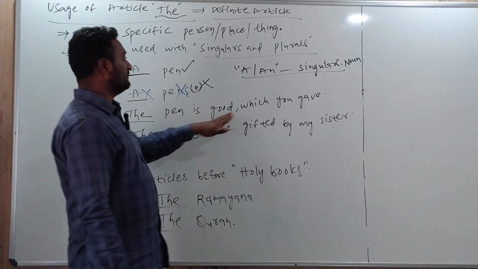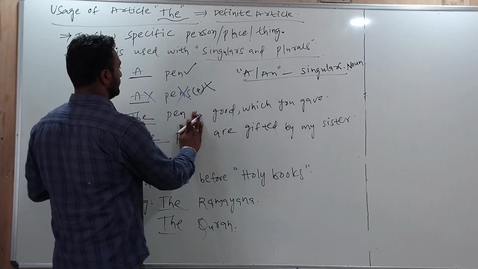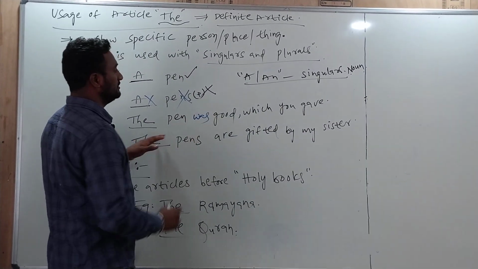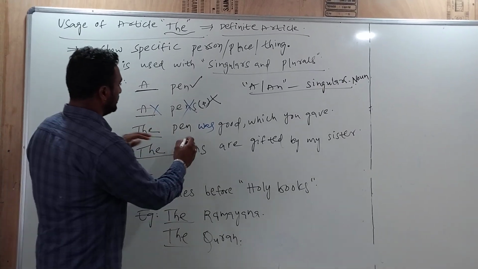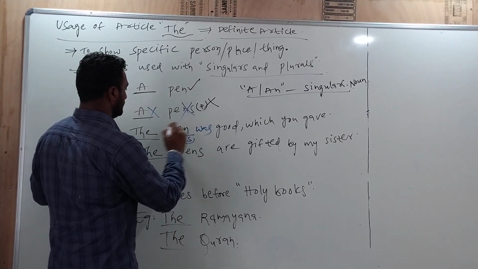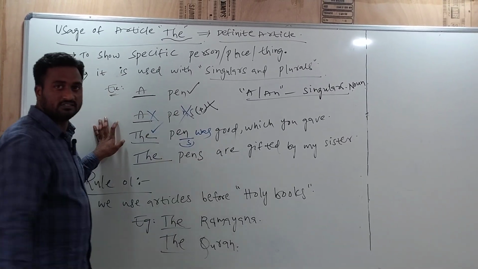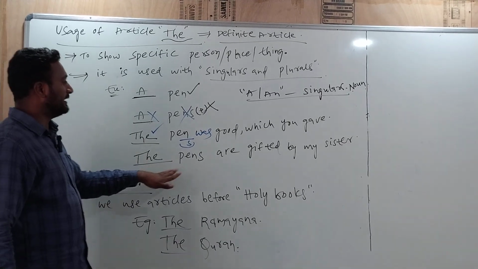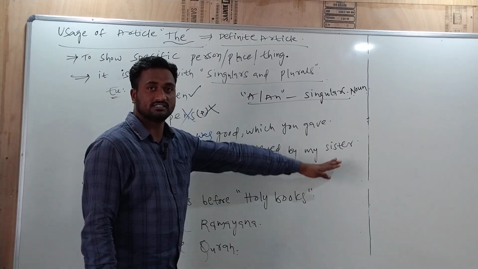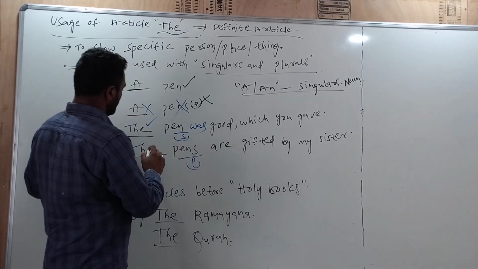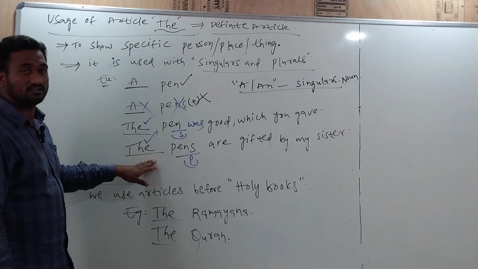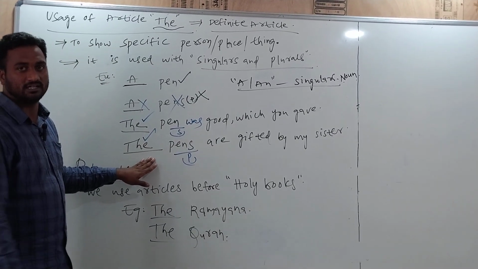The pen was good which you gave. Here the pen is a singular noun, so the usage is obviously correct. The pens are gifted by my sister. Pens is the plural form, and here even the article the is obviously correct.